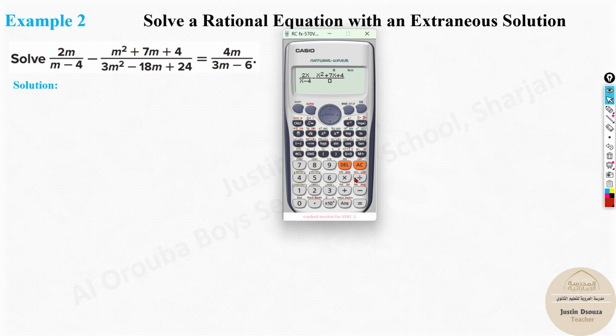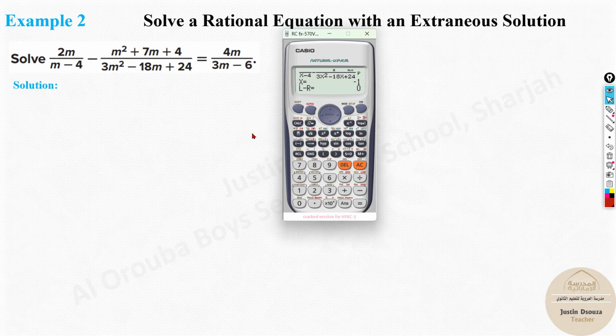Anytime any variable, you have to just use x. It'll be squared minus 18 alpha x plus 24. That will be all equal to 4 times x divided by 3x minus 6. All you have to do is shift and solve and then equal to, the answer is -1.